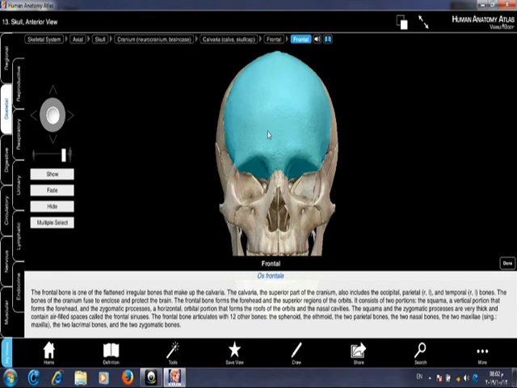As I explained previously, the sinus is here. The frontal bone articulates with 12 other bones: the sphenoid, the ethmoid, the two parietal bones, the two nasal bones, the two maxillae, the two lacrimal bones, and the two zygomatic bones.